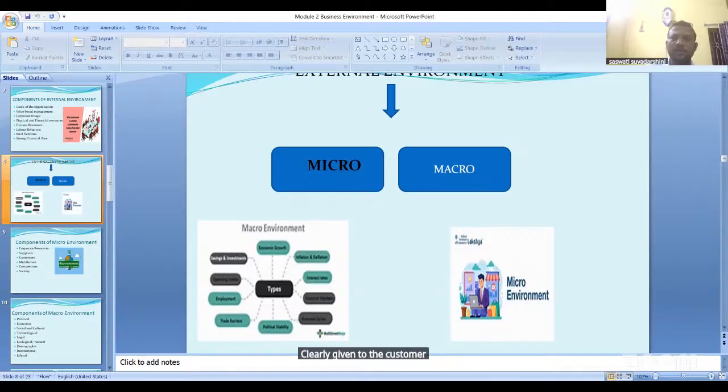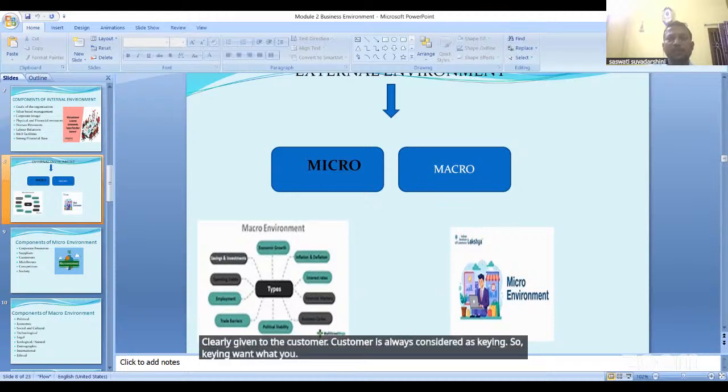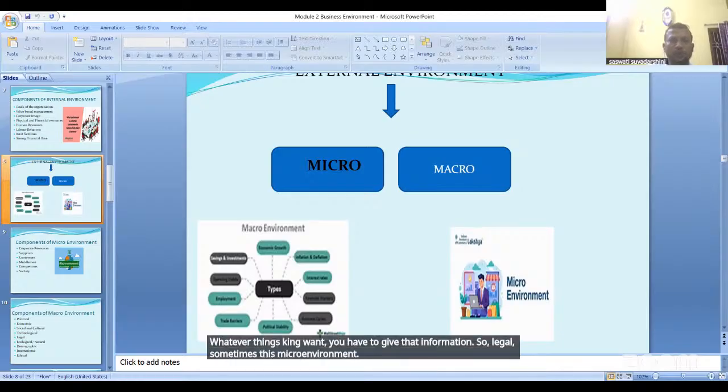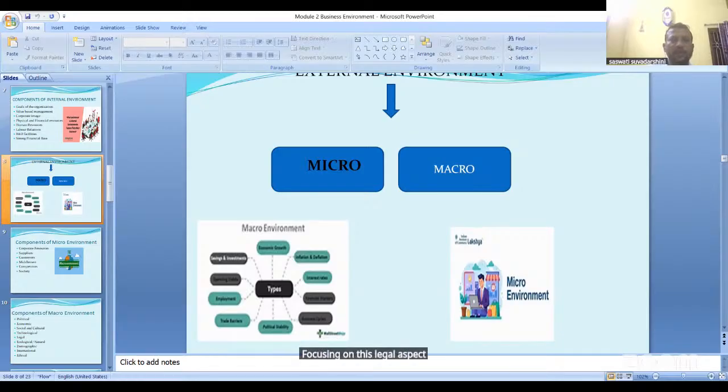Customer is always considered king. Whatever information the king wants, you have to give. So sometimes this micro environment, focusing on the legal aspect, the company faces legal challenges. I'm citing the example of Maggi, using certain things which affect the kidney.